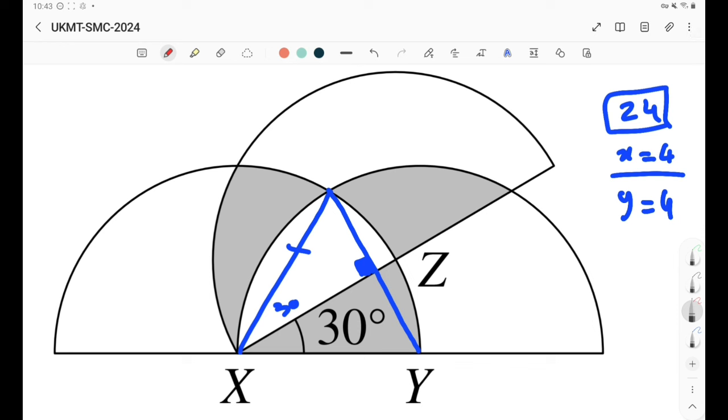But now, if you look closely here, this thing here is equal to this. And of course, this thing here is equal to this. But what about this thing here? Well, this arc here is just equal to this arc.